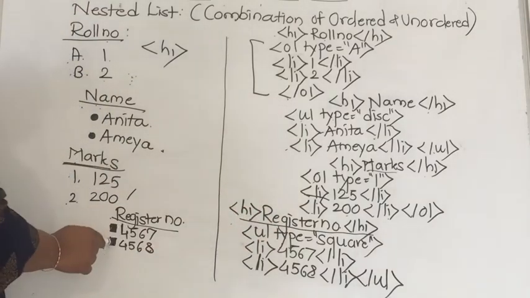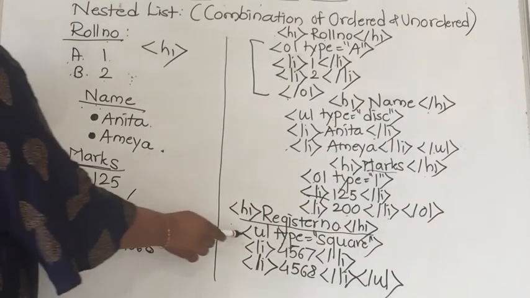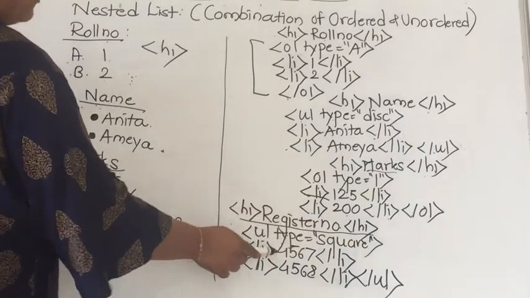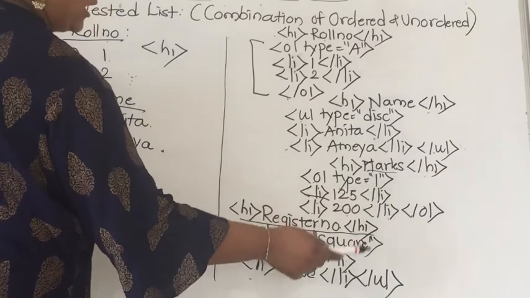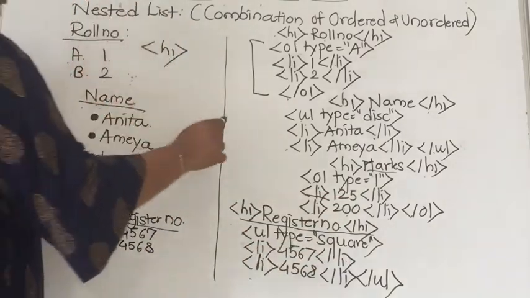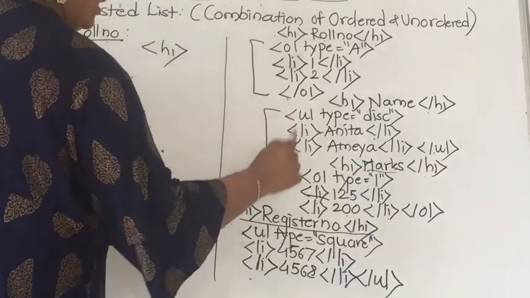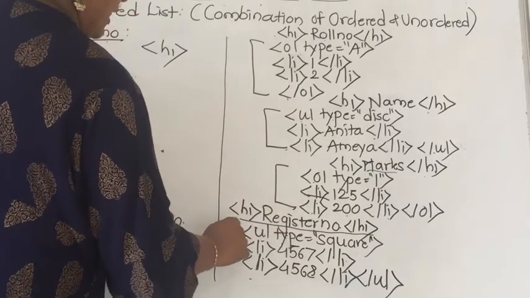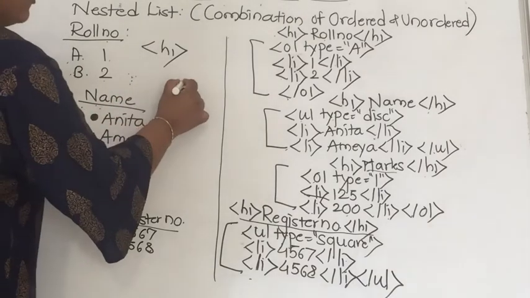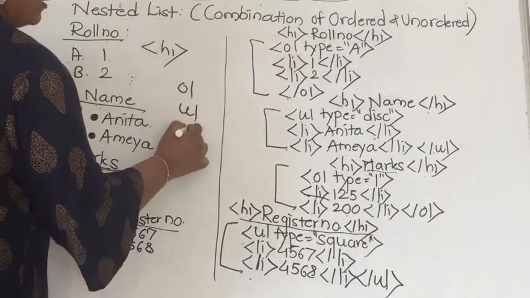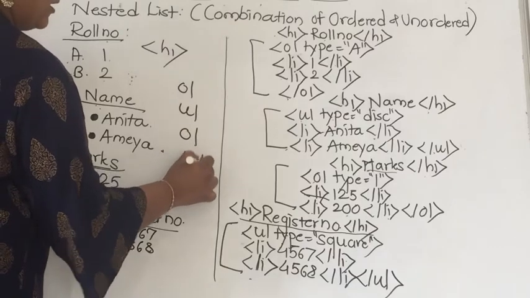Now here these are the two types of UL tags. So UL type is square, Li 4567 /Li, Li 4568 /Li and /UL. So here this is my second UL, this is my third OL and this is my fourth UL. If you observe this, I have made a combination of OL, UL, OL and again UL.